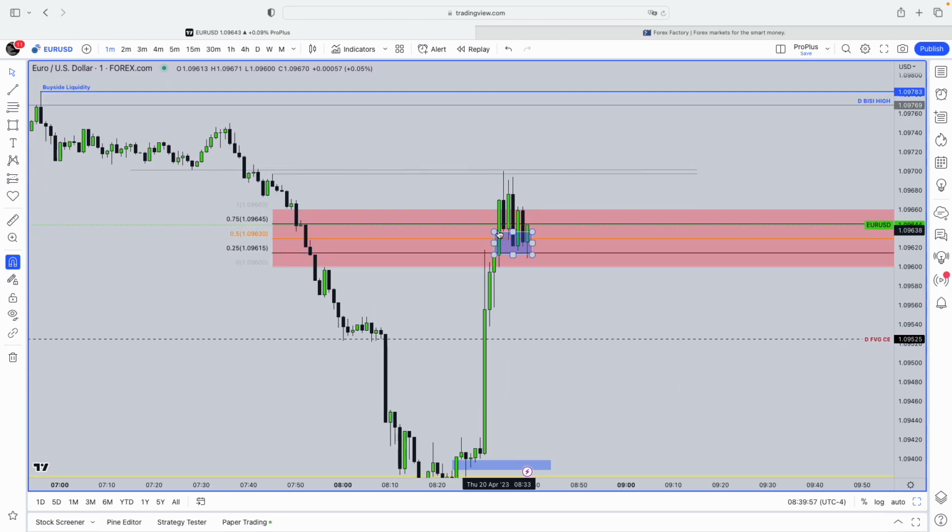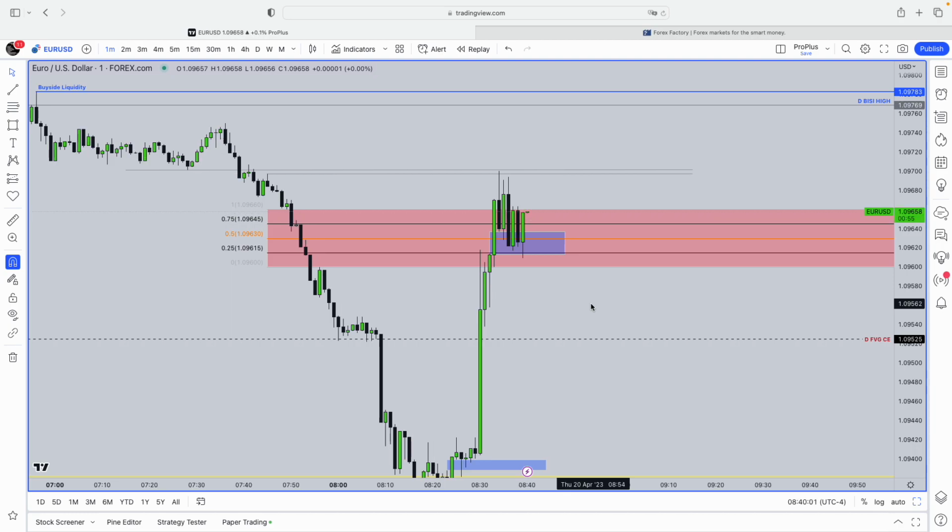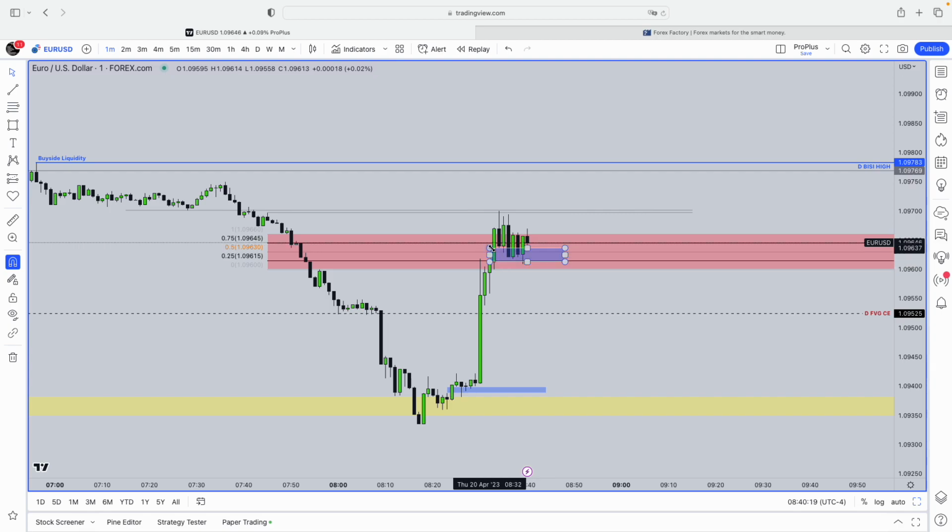So this fair value gap is holding support, which is nice. It's a fair value gap inside an inversion fair value gap. Just be patient. This is distribution, accumulation.